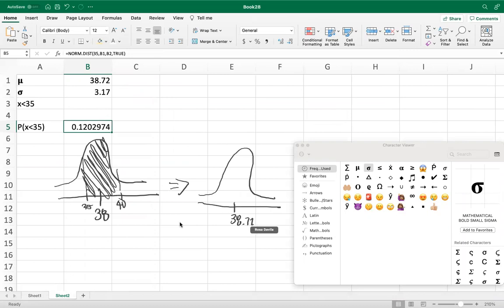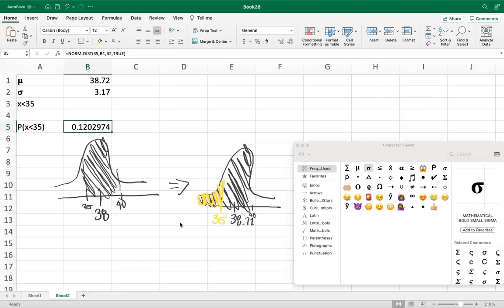First, we're going to find 40, and that's going to represent all of the area to the left of 40. But since we grabbed too much data, if this represents 35, we have to find out what this area is so that we can subtract it to get just the area from 35 to 40.